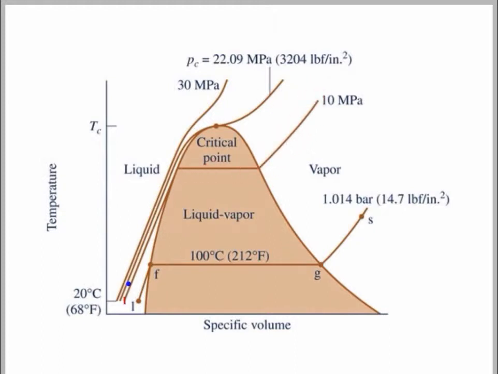It's important to realize that everything underneath this dome is a two-phase material. It is part liquid, part vapor. Everything out here is vapor, and everything over here is compressed liquid.